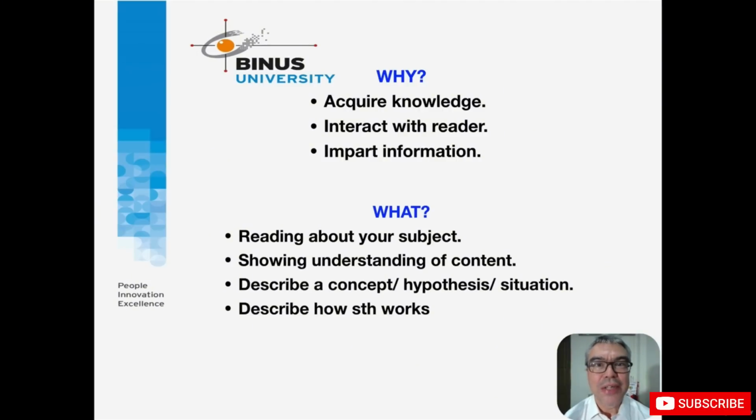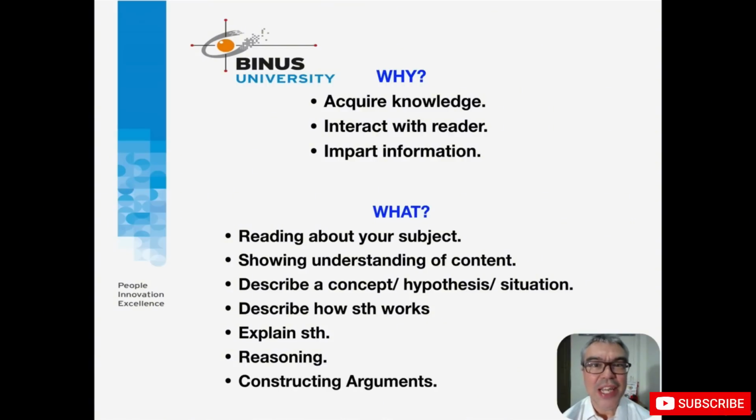You might need to explain something that is quite complex. Some ideas are expressed in a complex way, and the writer's job is to understand the complex and then rewrite it in a way that is easier for the reader to understand. Now, the last 2 points here, these are about critical thinking.